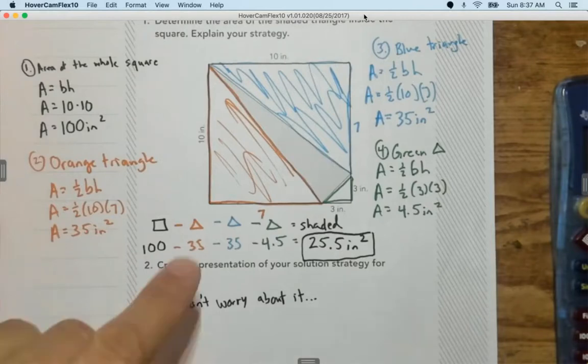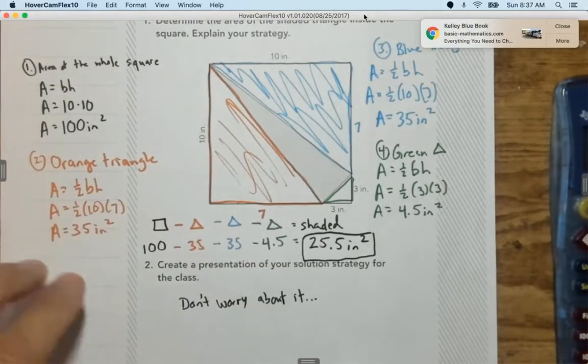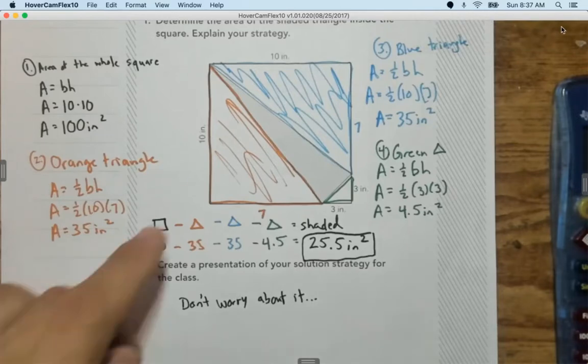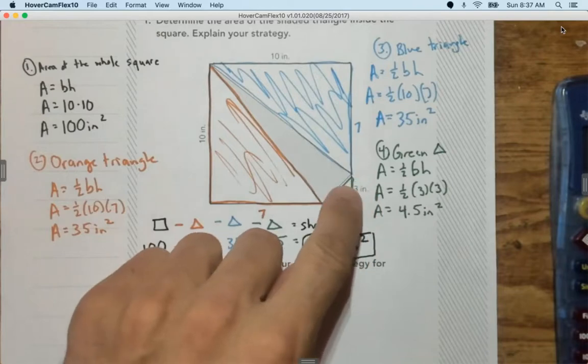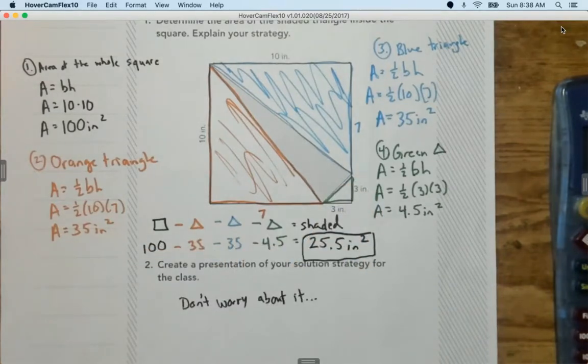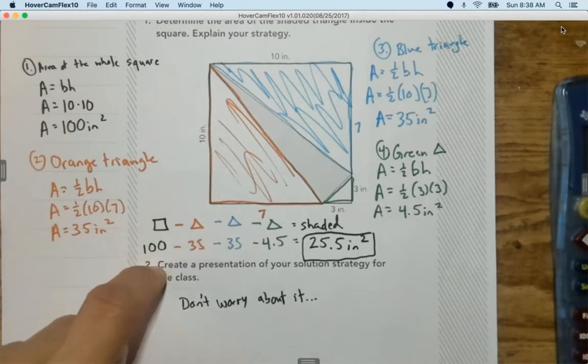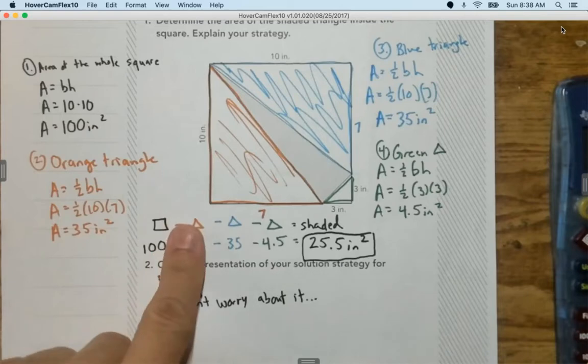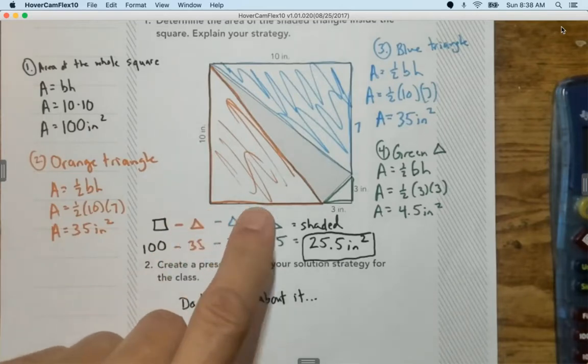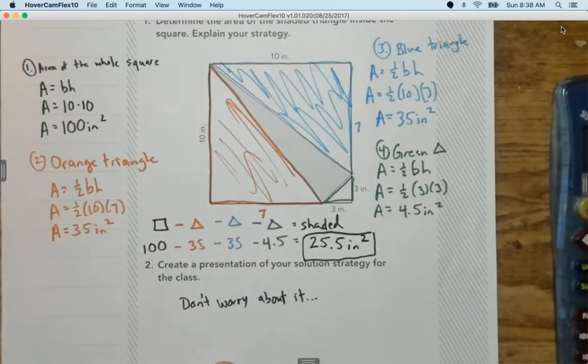Then the next one, I would show the orange triangle and me figuring out the area for it. Then I would show the blue triangle and me figuring out the area of it. Then I would show the green triangle and me figuring out the area of it. And then I would show the final slide of me showing how I had the original area of the whole thing and me taking away the areas that are not shaded, so that all I'm left with at the very end is what is shaded. Okay, and that's what I would do in my presentation.